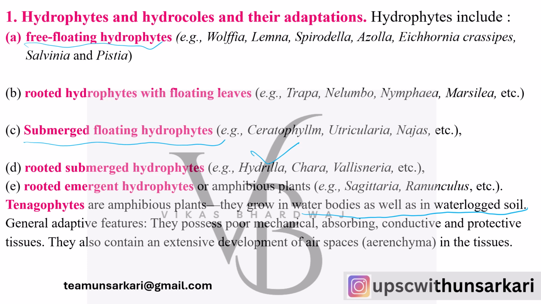So adaptation is there. They possess poorly developed mechanical, absorbing, conductive and protective tissues. They have extensive development of air spaces because we know that they are not completely in water and not completely on soil. They are in a waterlogged area. That is why they have such large air spaces, which help them develop further.